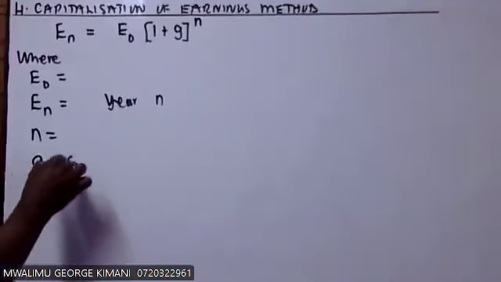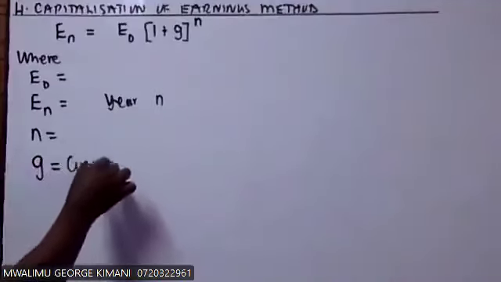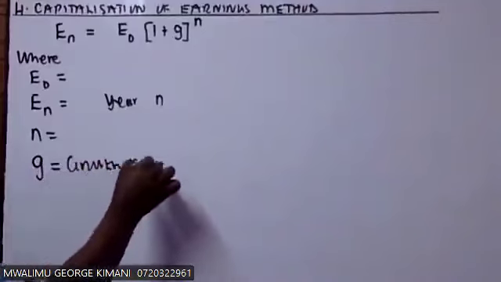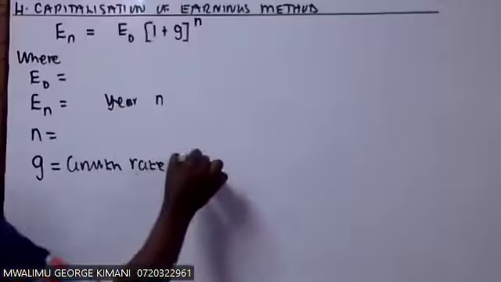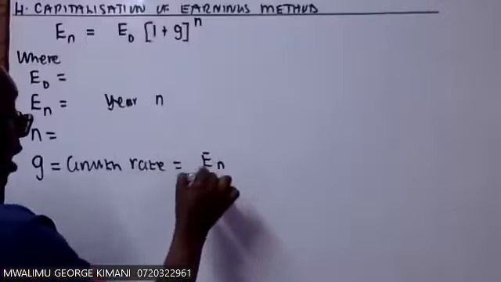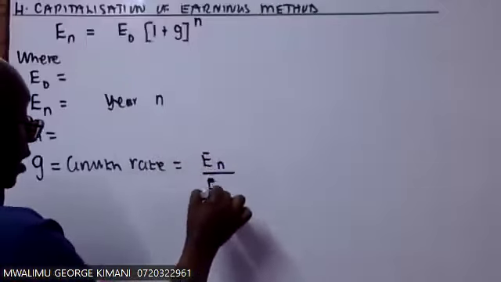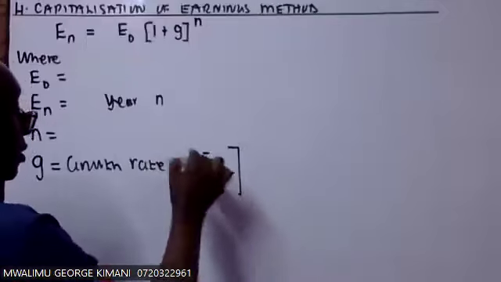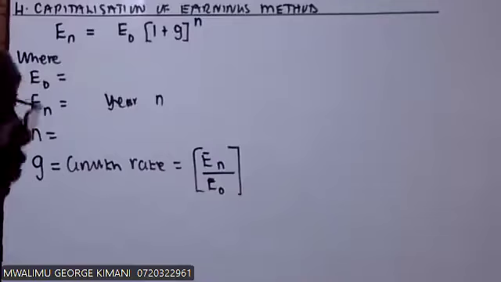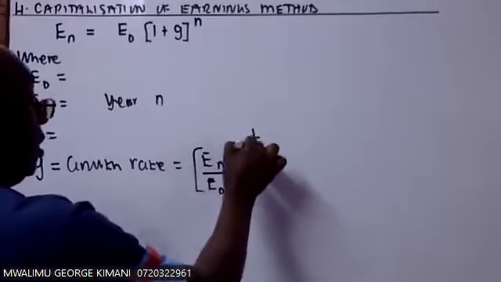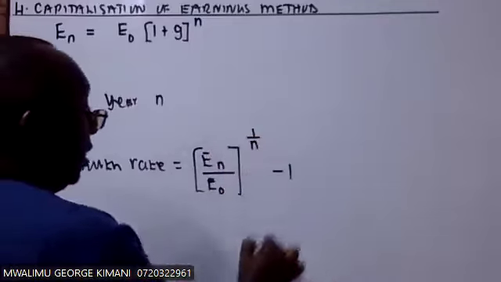G is the growth rate. And this growth rate is given as EN divided by E naught, raised to power 1 over N minus 1.